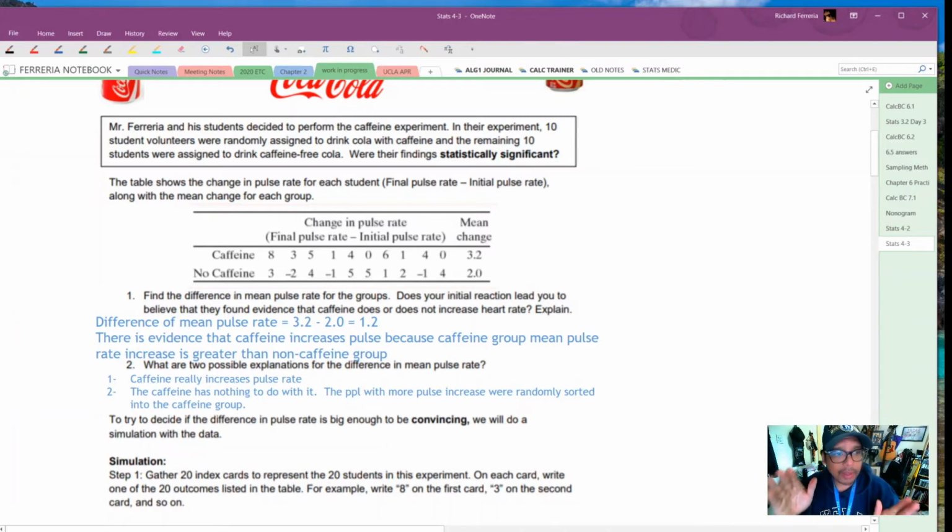We're saying that the caffeine group has a higher mean change in pulse rate by random assignment. The randomness accidentally sorted all of our high pulse rate change people into the caffeine group.